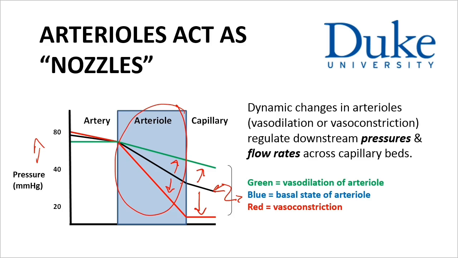One way you can think about this system is that the arteriole is the nozzle on your hose. If you open the nozzle completely or close it, it changes the flow rate to the hose that's attached to the nozzle. That hose would be the capillaries.